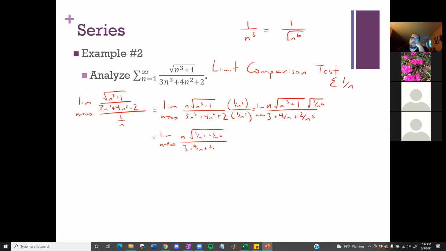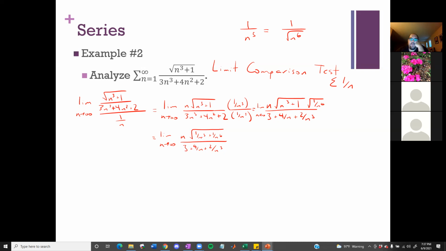So what is this limit going to do? I think in the numerator we have an issue because this n on the outside of the radical is going to get very large, go to infinity.